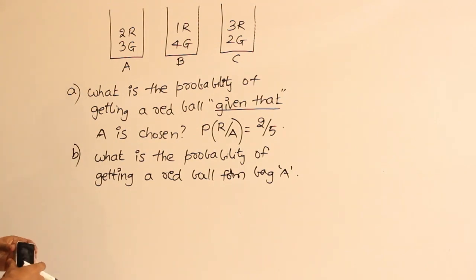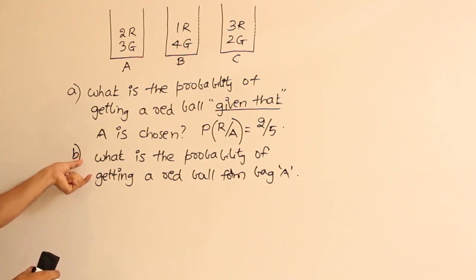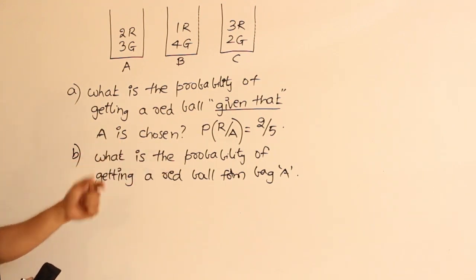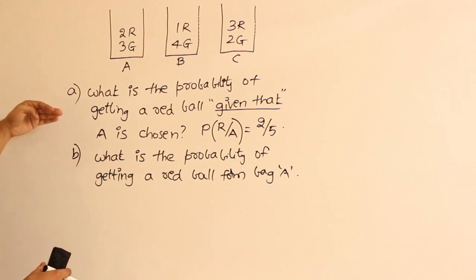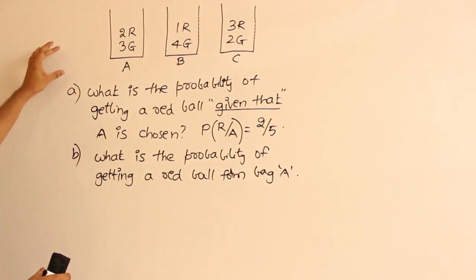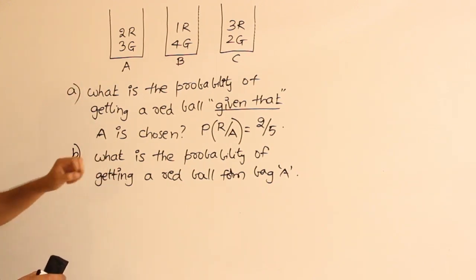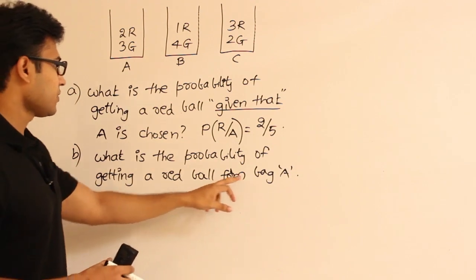These two questions look exactly similar right now, but they are different. Before this question, they will even give you the entire experiment: we are conducting a random experiment in which we choose a bag and then pick a ball. Now what is the probability of getting a red ball from bag A?